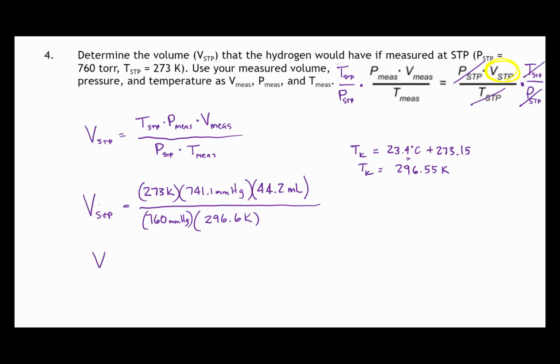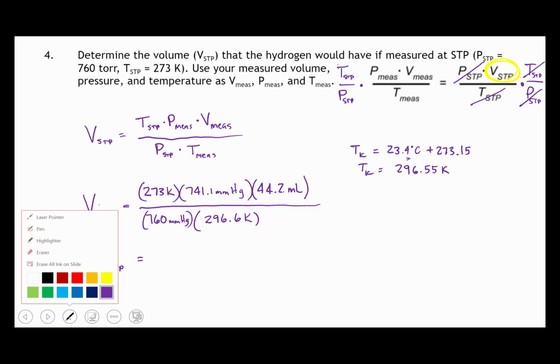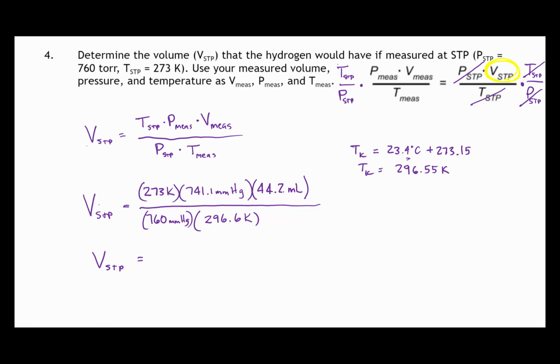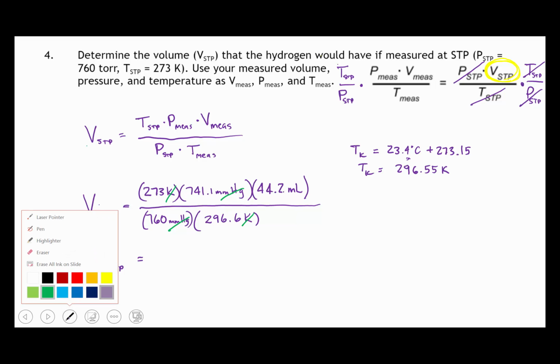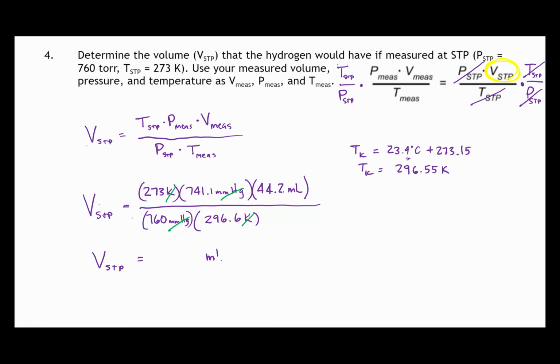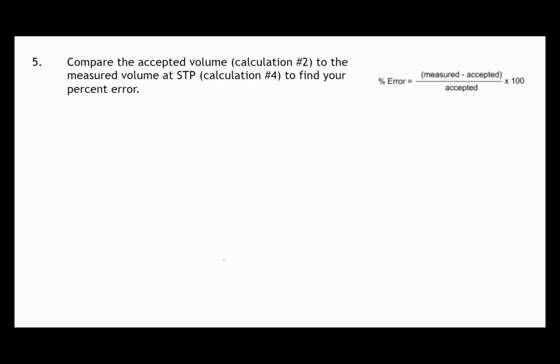And now all that's left to do is to punch in all those numbers on the calculator. It's always a good idea to make sure that units are canceling, so my kelvins should cancel, my mmHg cancel, and for my answer I'm going to get that in milliliters. So now let's throw those numbers in the calculator.